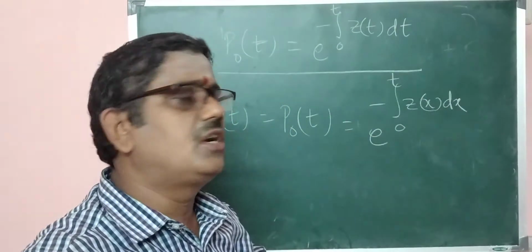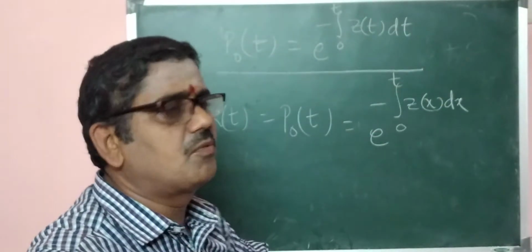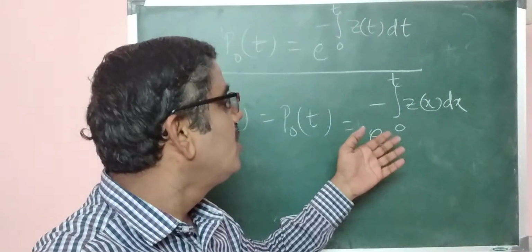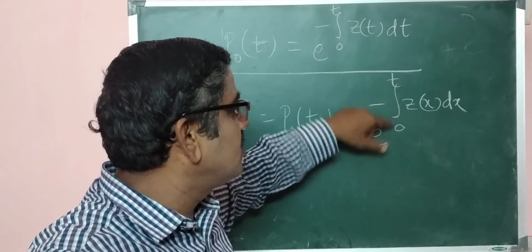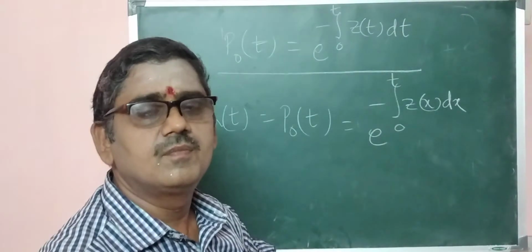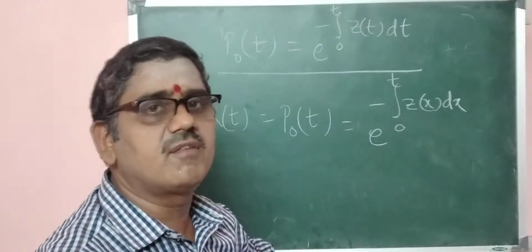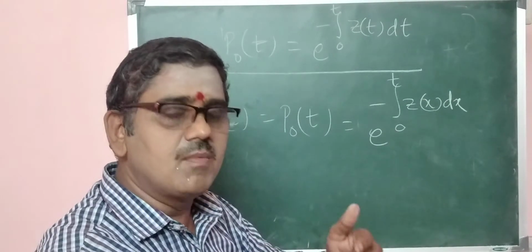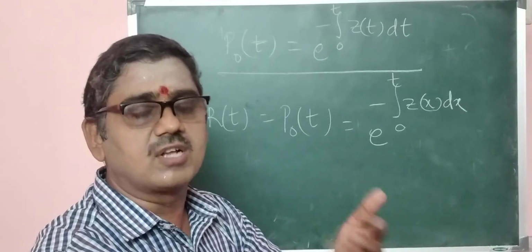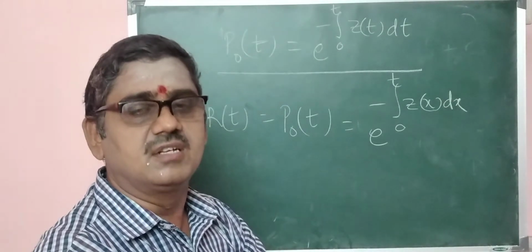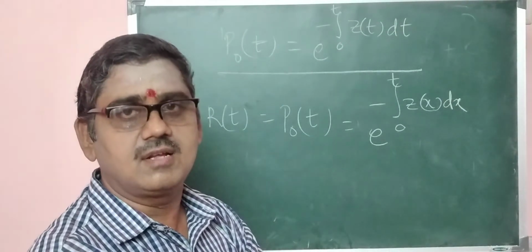We can use t here and x there, no problem. You consider it a function of x and the integration depends on 0 to time period t. If you consider x a random variable, that is the number of hours worked, number of days, number of years a particular item survives.